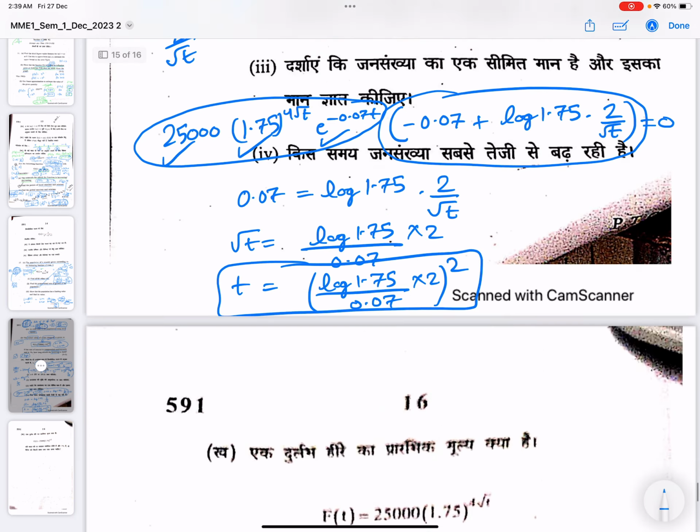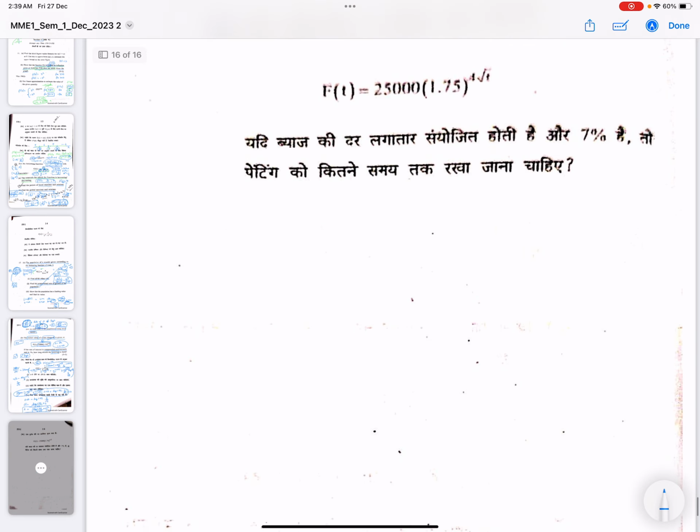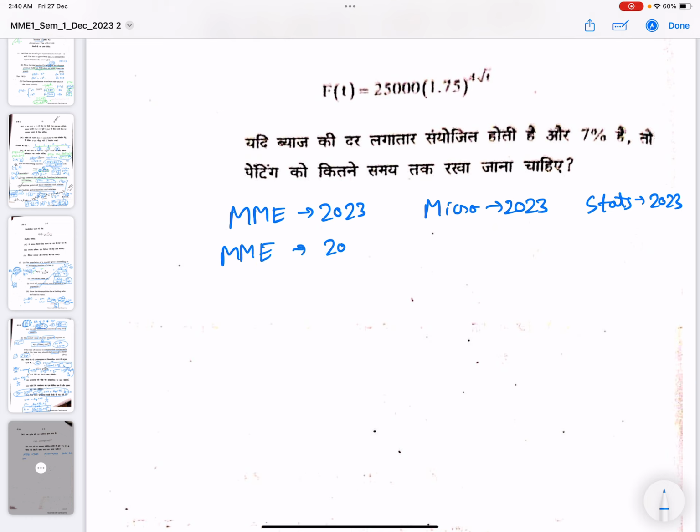So we have completed the MME past year 2023. Now I'll do micro past year 2023, then stats 2023, then we'll do MME of 2022, then micro 2022, then stats 2022.